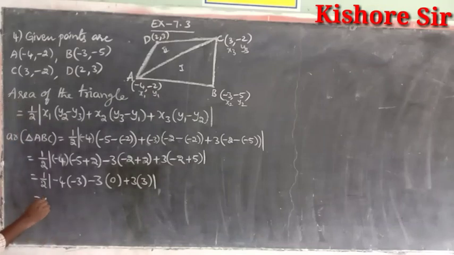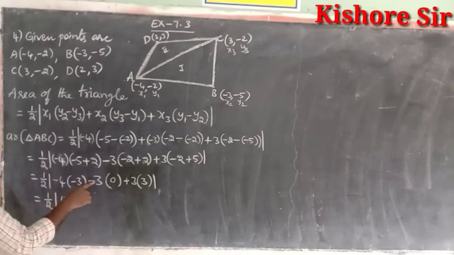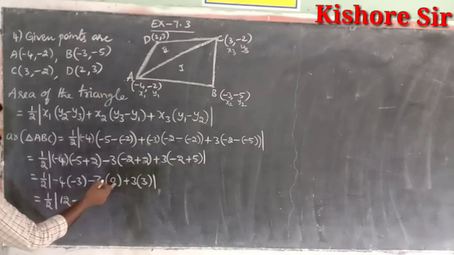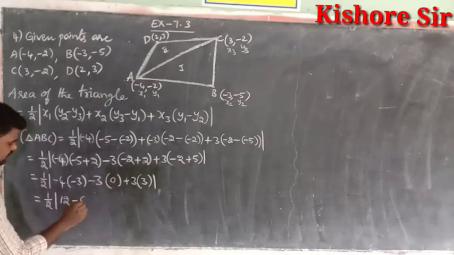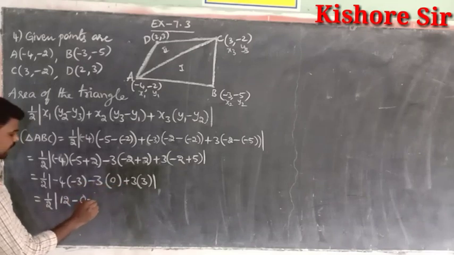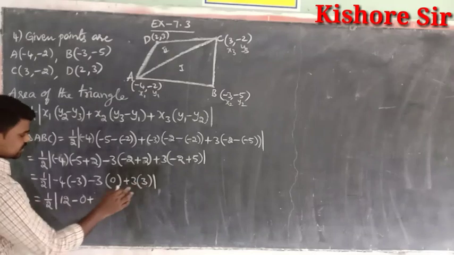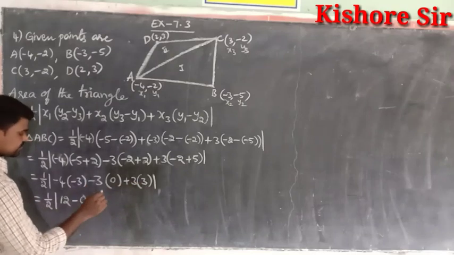So that is equal to 1 by 2 modulus of (-)(-) 4 threes are 12, minus 3 into 0, which is 0, plus 3 threes are 9.